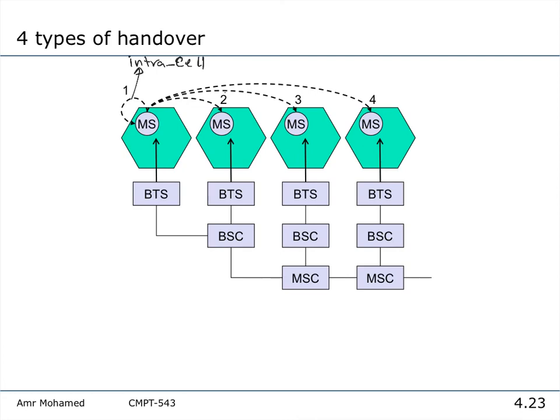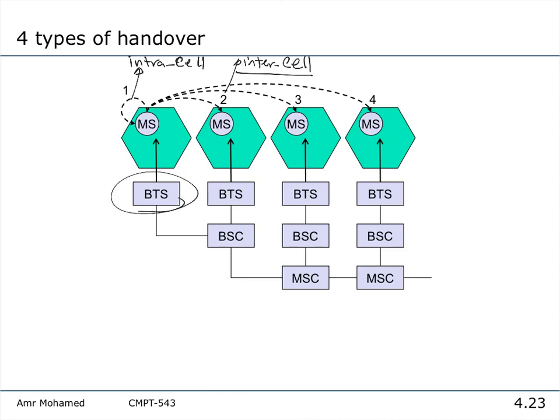So number 2 is called inter-cell handover. So for inter-cell handover, I need to hand over from one cell to another, right? Which means that not only do I need to switch the frequency, I need to switch all the resources assigned to me within this BTS to another BTS.